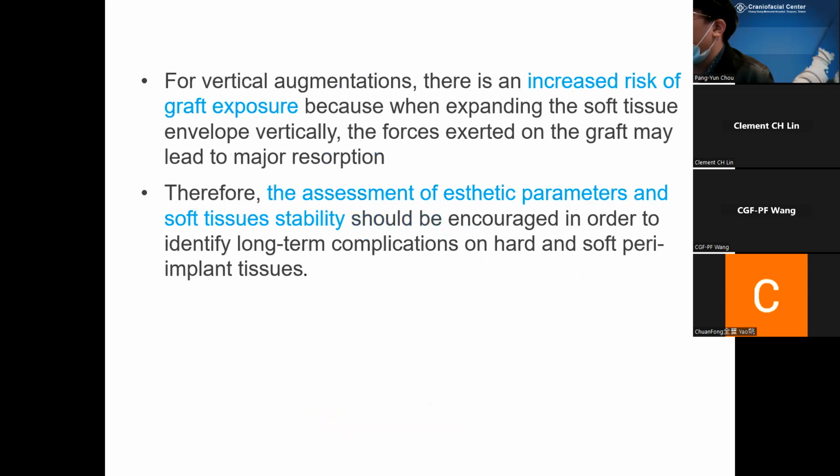For vertical augmentations, there's an increased risk of graft exposure, because when the soft tissue envelope is expanded vertically, the forces on the graft may lead to major resorption. So the assessment of the aesthetic parameters and soft tissue stability should be considered to identify long-term complications of hard and soft peri-implant tissues.